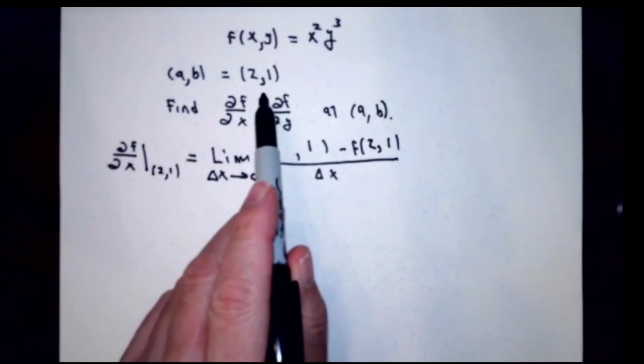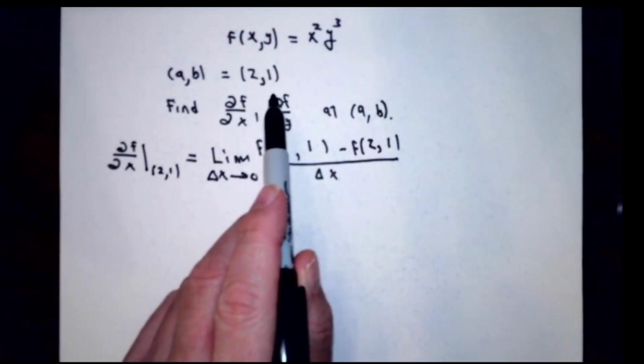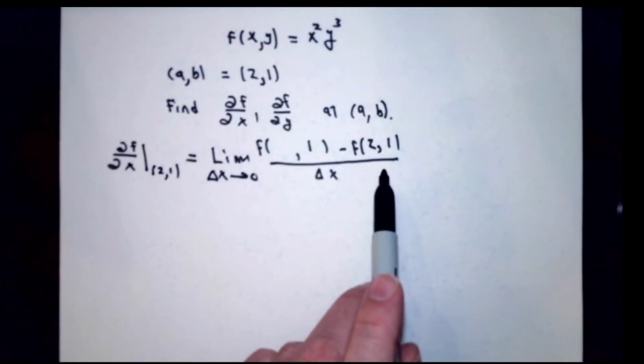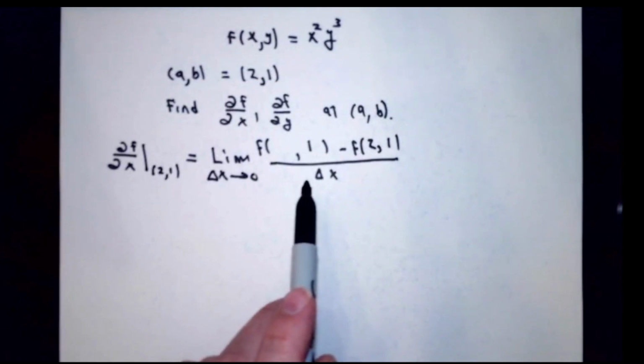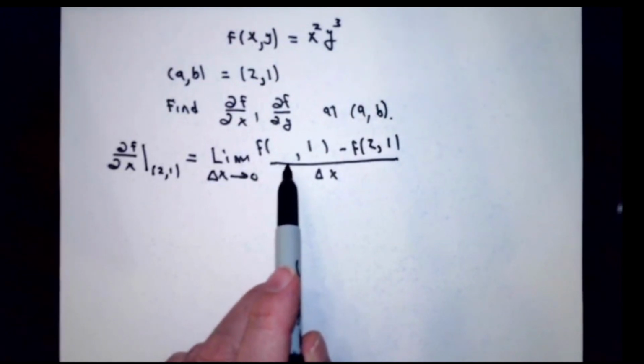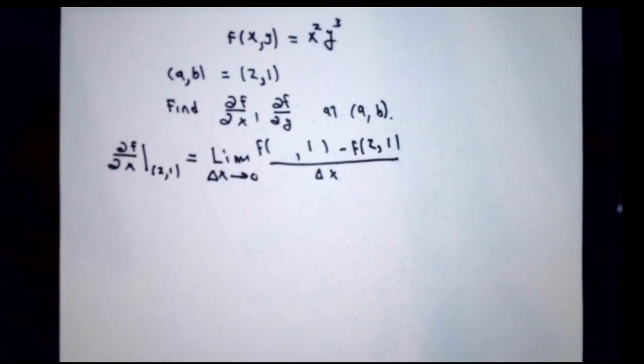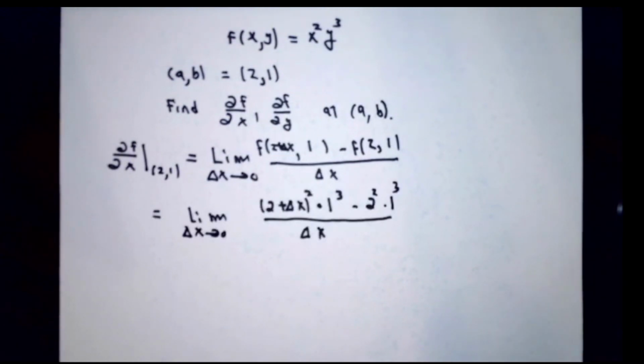We are evaluating at x equal 2, y equal 1, so I subtract away f at that point from f at some x value, comma, the y value, which didn't change. The x value is going to be a plus delta x. In this case, that would be 2 plus delta x.